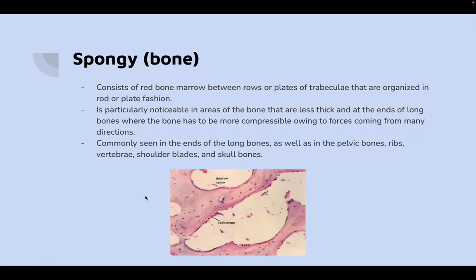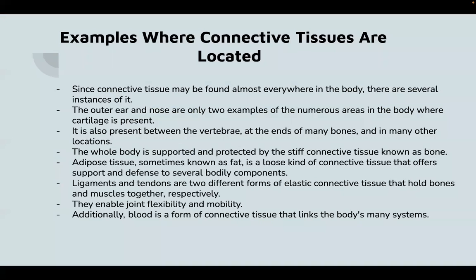There are noticeable areas of the bone that are less thick, and at the ends of long bones the bone has to be more compressible owing to forces coming from many directions. It can be located in pelvic bones, ribs, vertebrae, shoulder blades, and skull bones. This is how it can look.